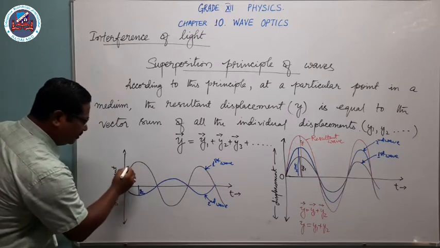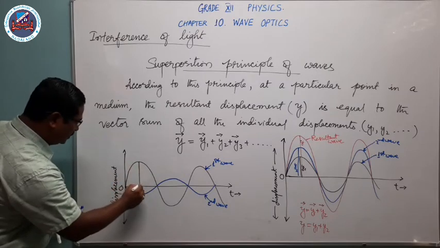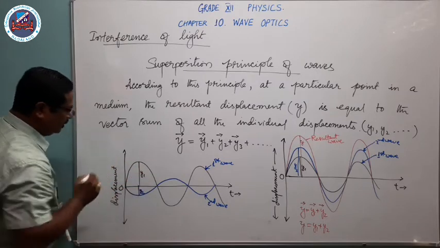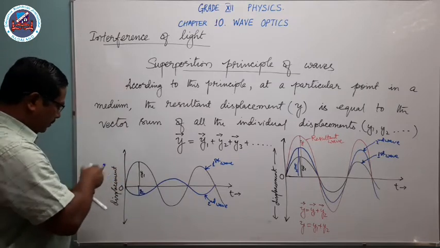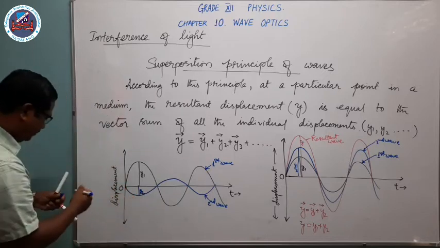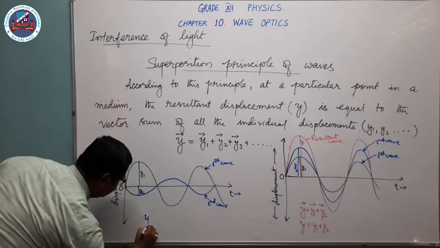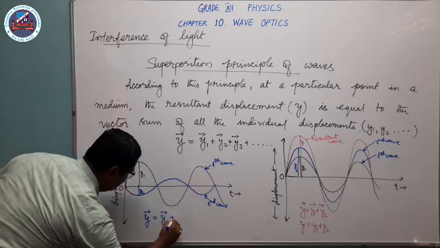And in the first wave, the displacement is suppose y1. Now in this case, when you use superposition principle, then the resultant wave y is equal to y1 plus y2.